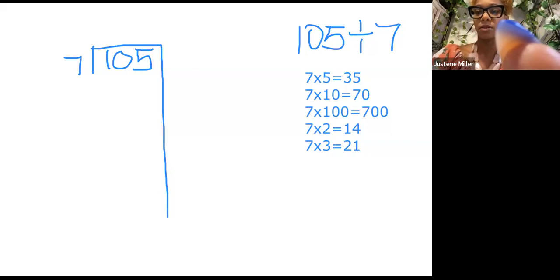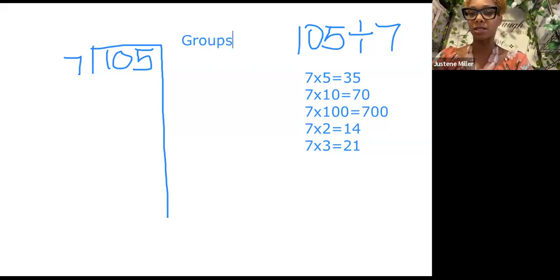And remember, this side on the right is for our groups, because we're going to add those groups at the end to see how many groups of 7 are in 105. All right, hopefully you got that all written down. If you don't, go ahead and pause the video to make sure you got your fact chart on the side and you're ready to subtract groups of 7.